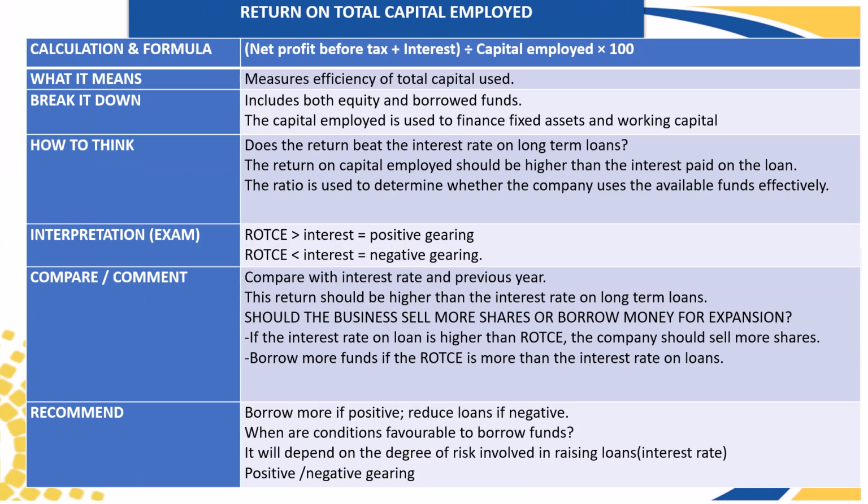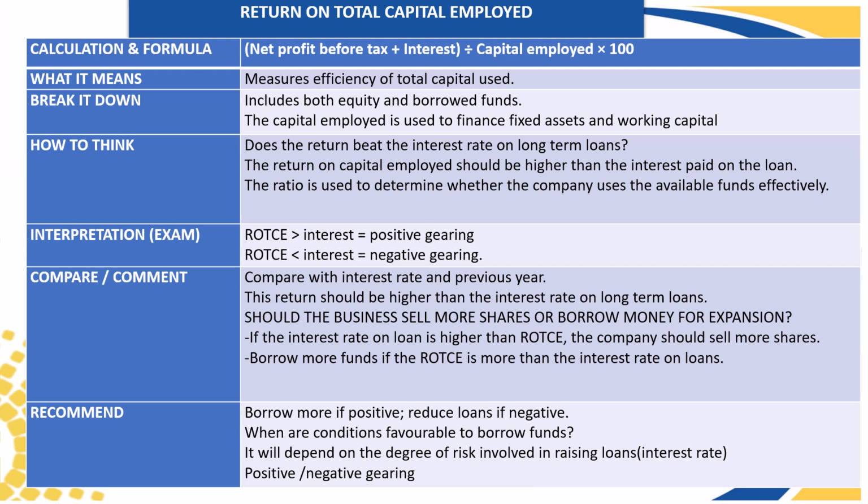Let's go to the next section, return on total capital employed. What does this mean? It measures the efficiency of total capital used. Remember, capital used in a company can either be capital provided by the owners in the form of shares, or it is money that they borrowed from a financial institution.